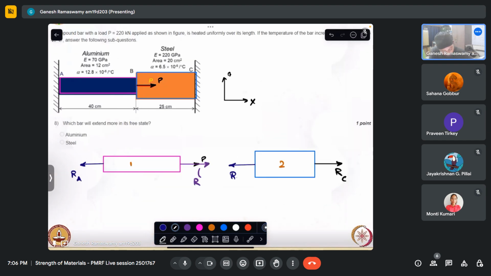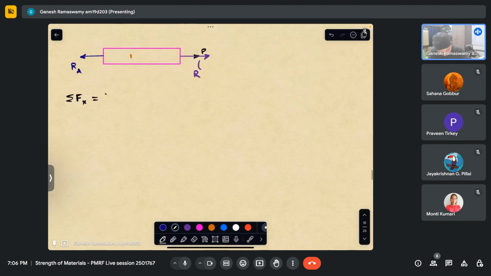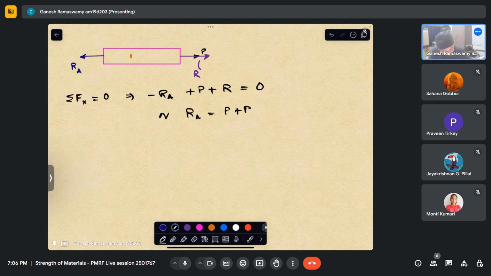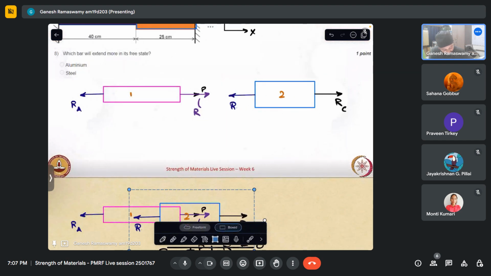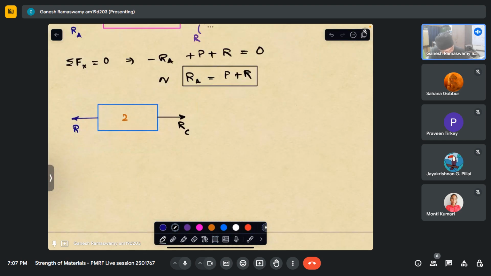So sigma Fx equals 0 gives us minus Ra plus P plus R equaling 0, or Ra equals P plus R. So this is one equation that I have got from the equilibrium of the first bar. Similarly, I can take this and apply sigma Fx equals 0, which gives me minus R plus Rc equaling 0, or Rc equal to R.